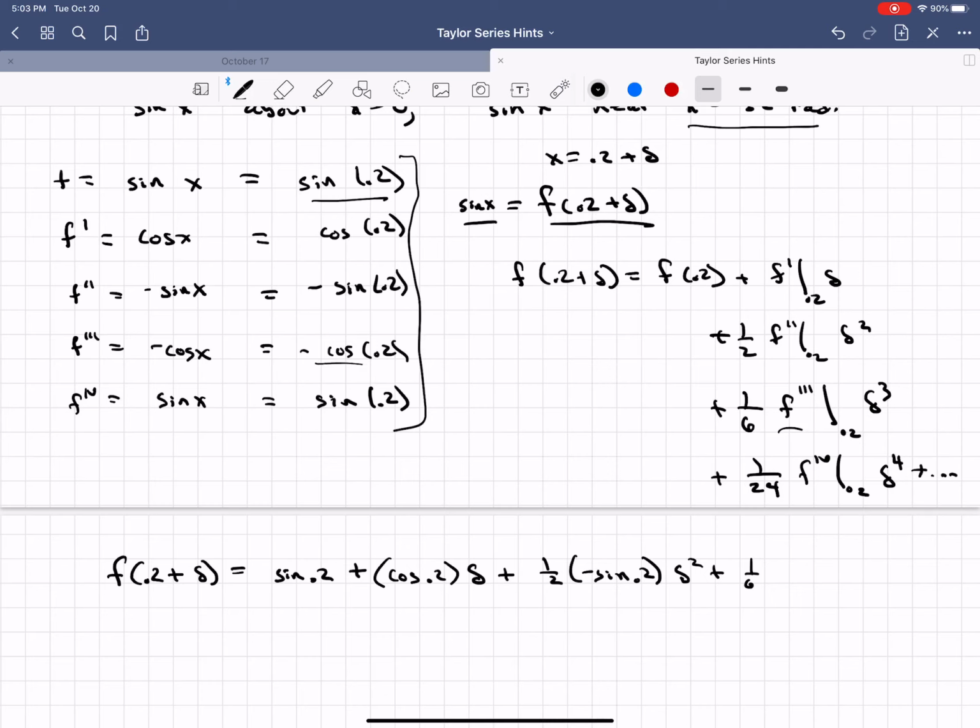I need f3. f3 is minus the cosine of 0.2 times delta cubed, plus 1 over 24 times the sine of 0.2. See, I'm going and picking up whatever the number is times delta to the fourth, and then I could continue that if I wanted to.